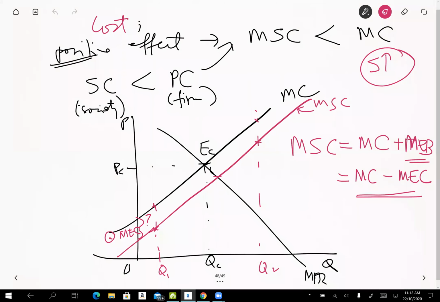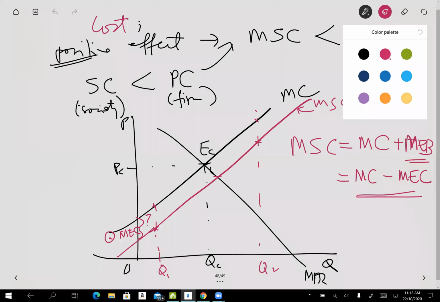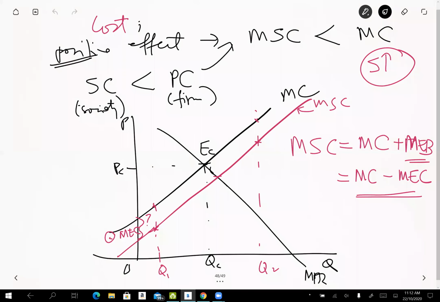So again, if you make the comparison between the social equilibrium and the market equilibrium, QC or EC, what can you say?